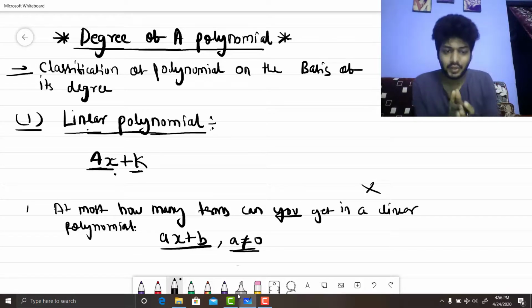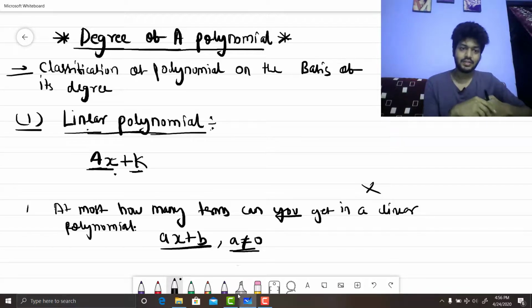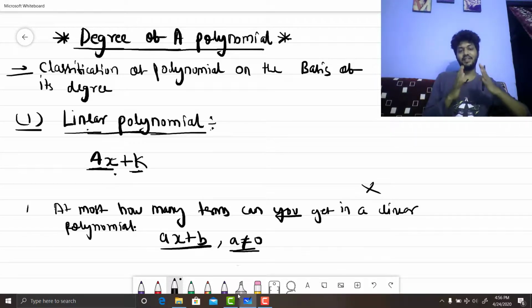Now I want you all to carefully understand why a is not equal to 0. Suppose a becomes 0, which means the coefficient of x is 0, which will make the entire term 0. So the very variable term which was making the polynomial linear has gone off.